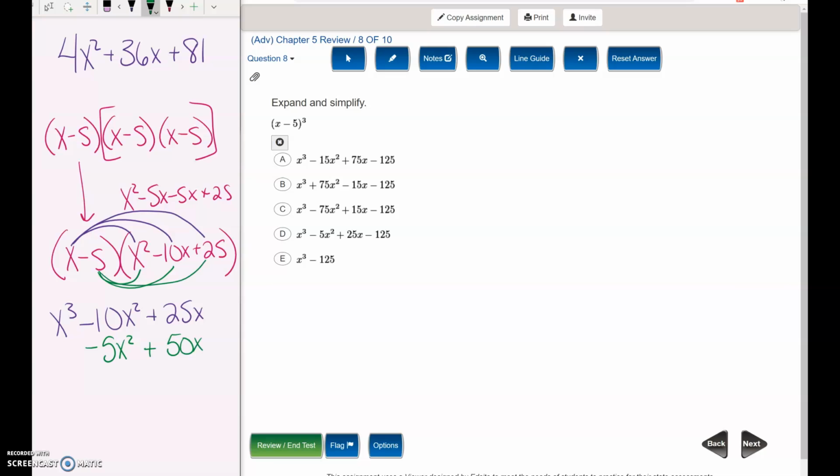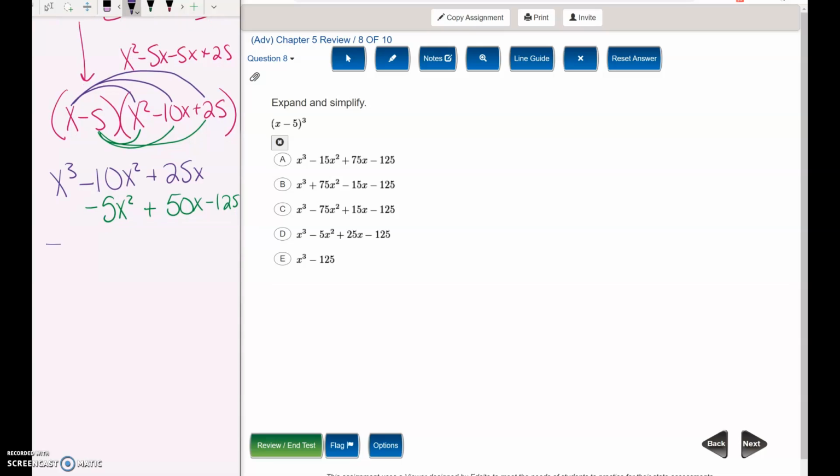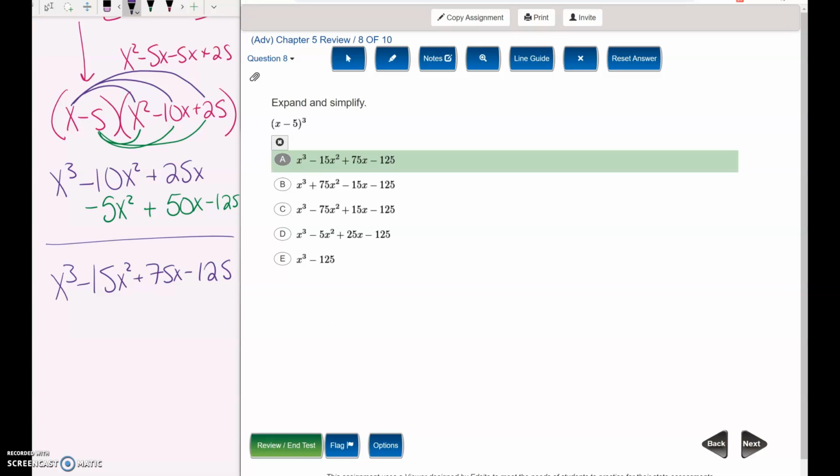And negative 5 times 25 is negative 125. Sorry, that looks like 7. Now we combine our like terms, and we get x cubed minus 15x squared plus 75x minus 125. So we need minus 15 plus 75. That one looks right.